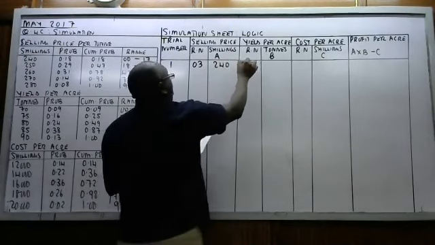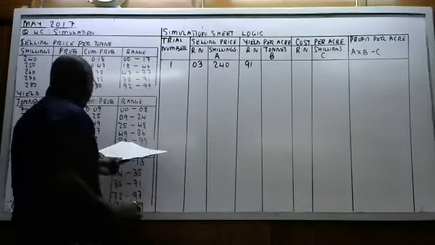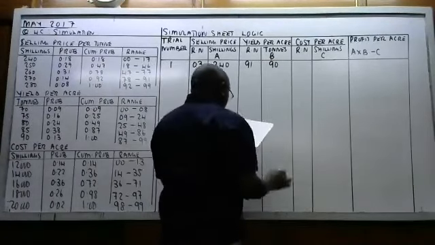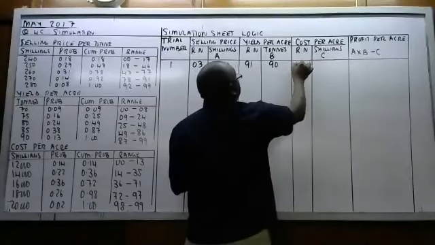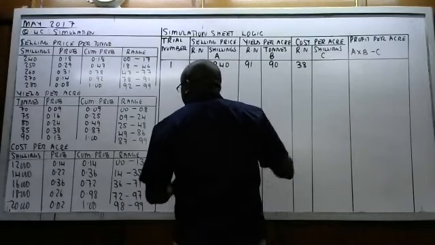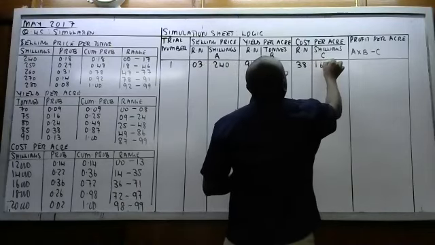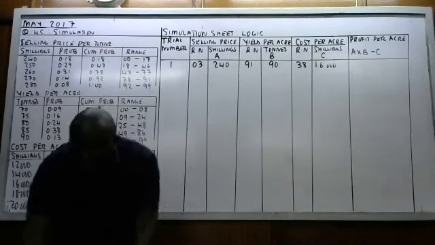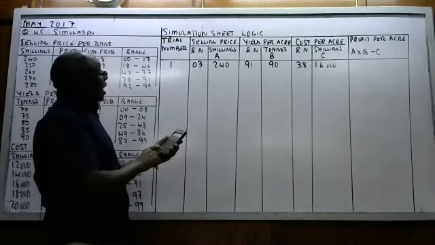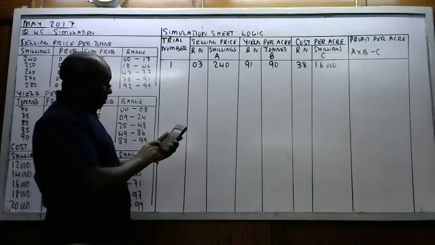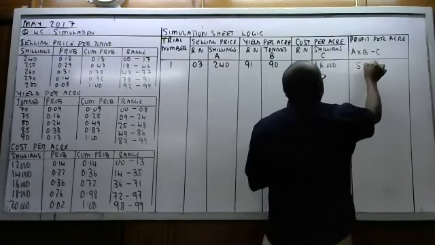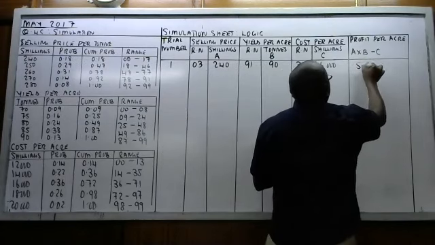Random number is 91, here 190. You take the next random number 38. 38, looking here, is 16,000. So when you take a calculator you say 240 times 90 minus 16,000. I'm getting 5,600.